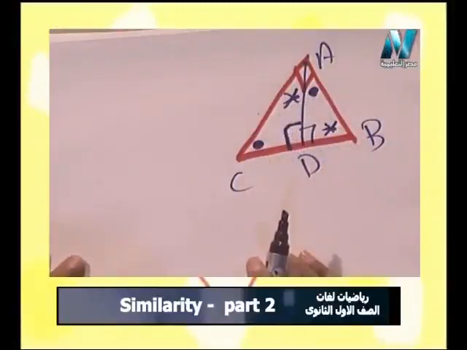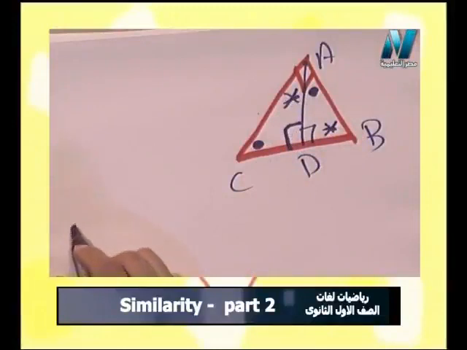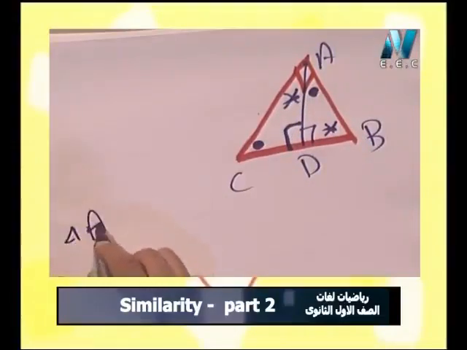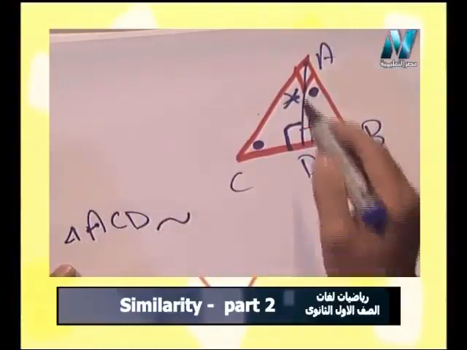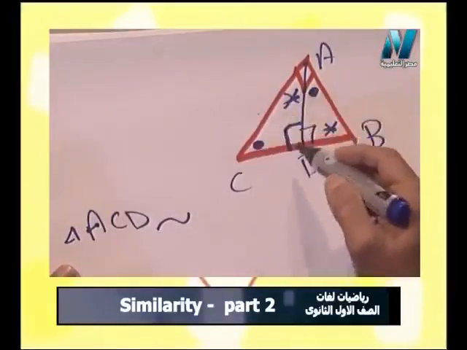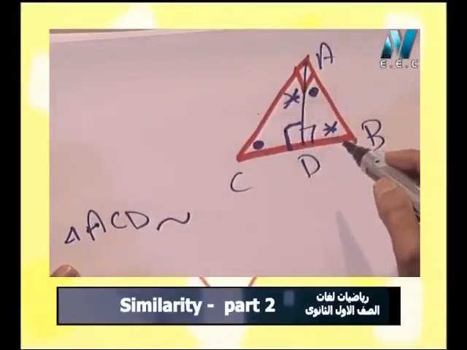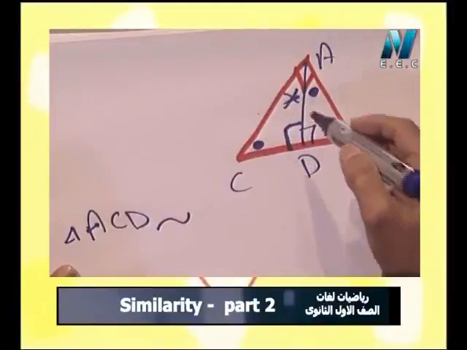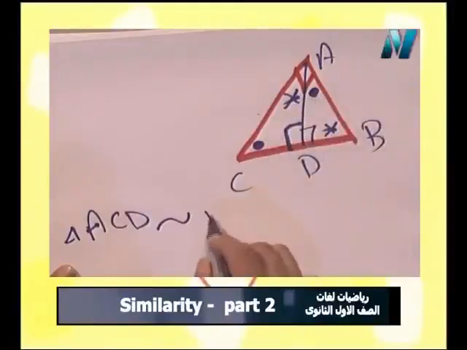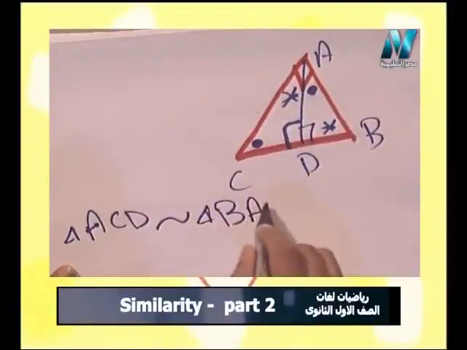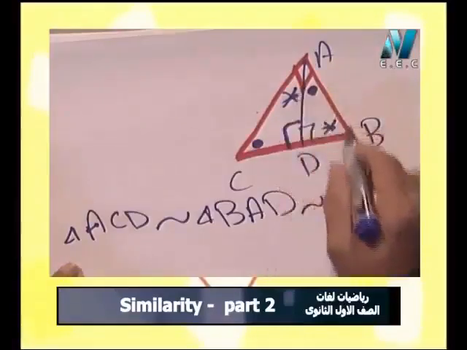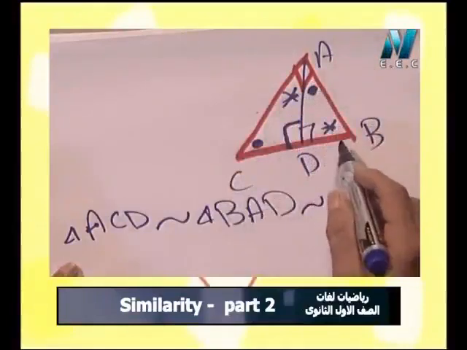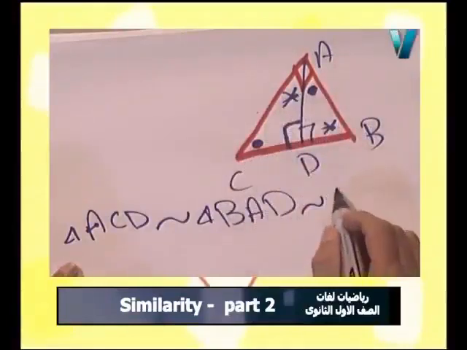So triangle ACD is similar to triangle BAD, star, dot, and right, all of them similar to the big triangle or the original one, which is BCA.